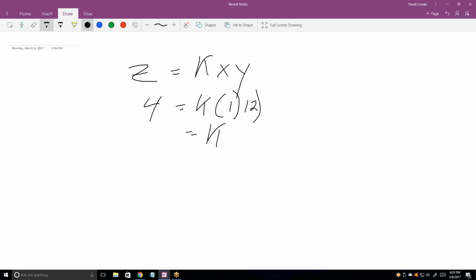Okay, so 4 equals 12k. What's k equal to? k equals 1/3.